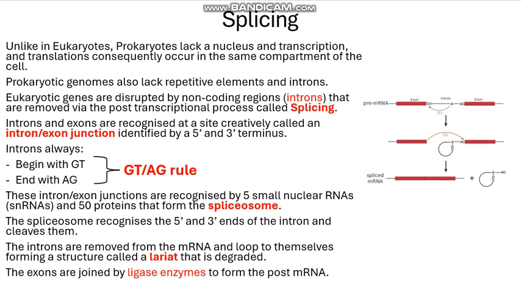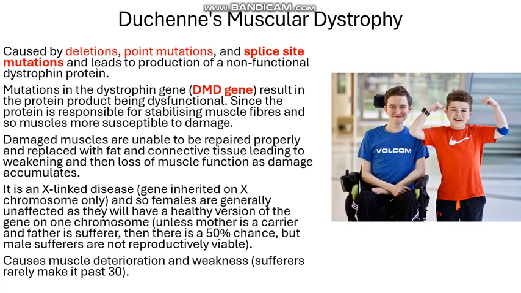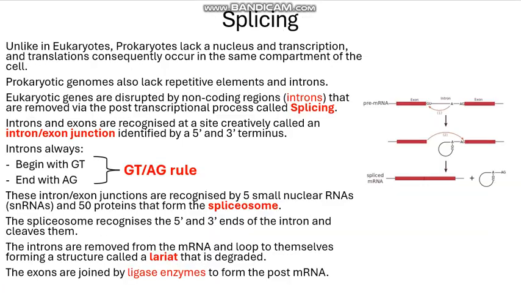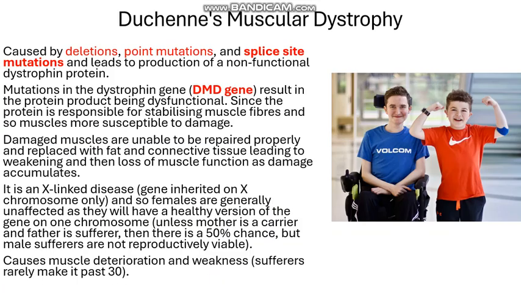Now, with regards to Duchenne's muscular dystrophy, it can be caused by a wide array of mutations, like deletions, where you can have certain regions of the exons that have been deleted, or certain regions of the splice sites that we just talked about, the GU-AG regions, or point mutations.